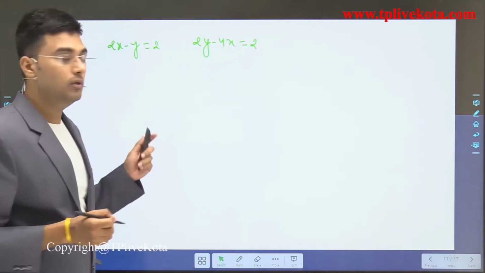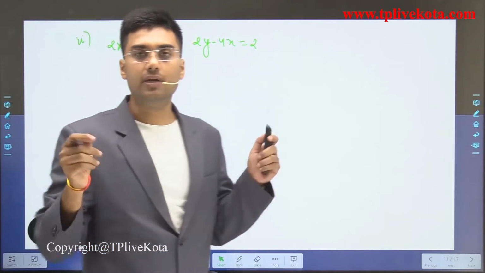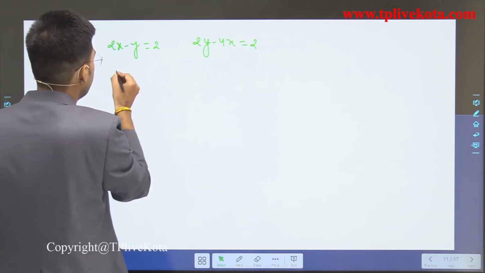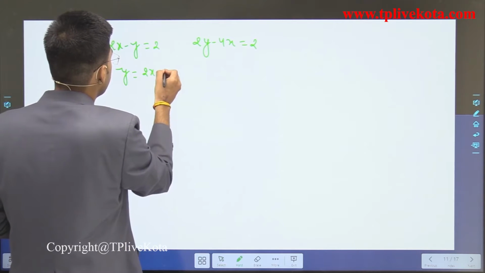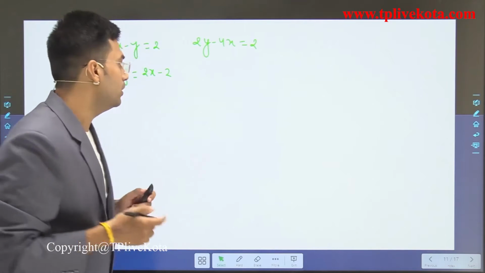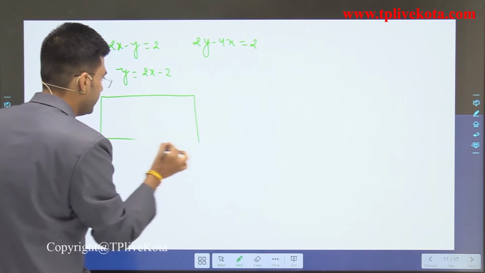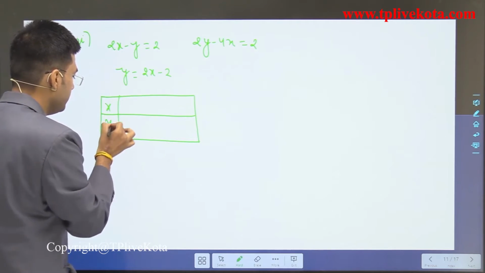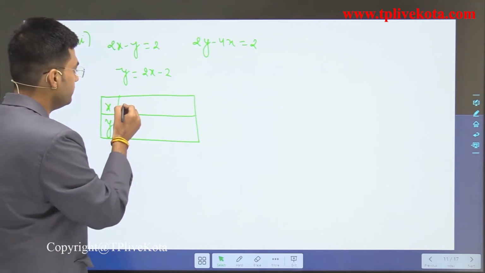We have to solve these two equations and find whether these equations are consistent or not. So from here we can write y is equals to 2x minus 2. If y is equal to 2x minus 2, so let's prepare the table for this equation for the values of x and y. Clear?